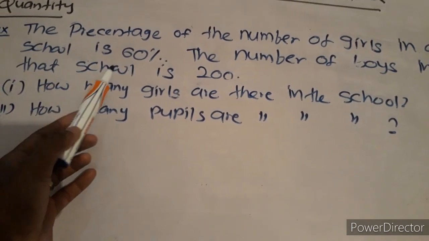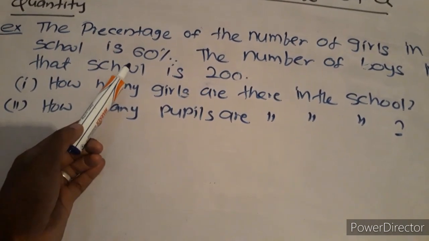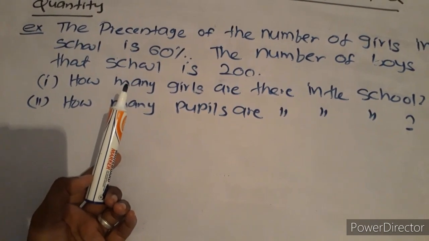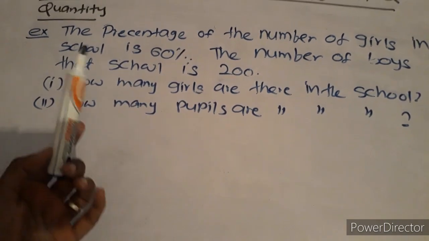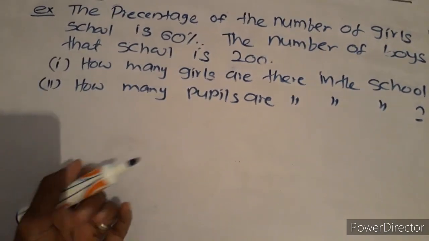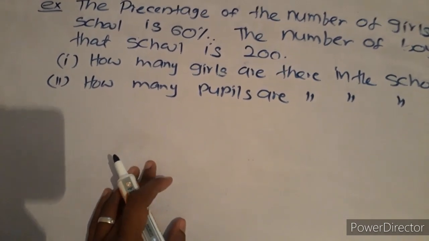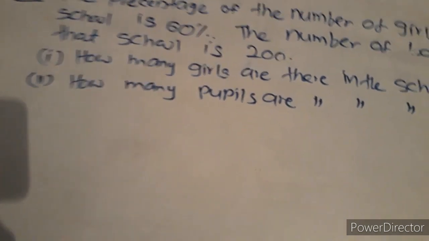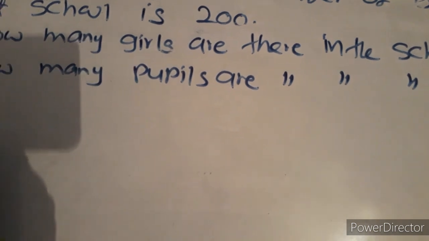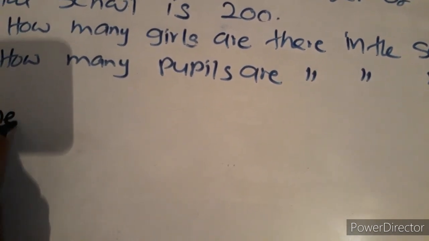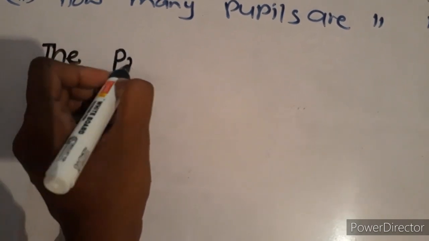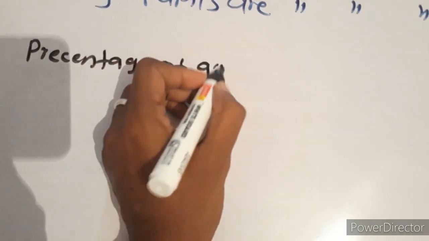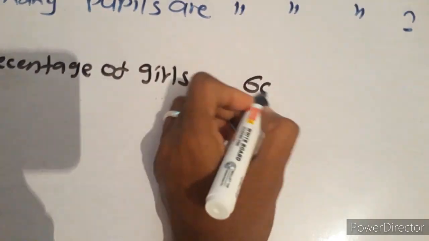Okay. If the percentage of girls is 60%, how many boys are there? What's the percentage of boys? It's 40, no? Total must be 100%. So we can find it out. I'll use another color. The percentage of girls equals 60%.